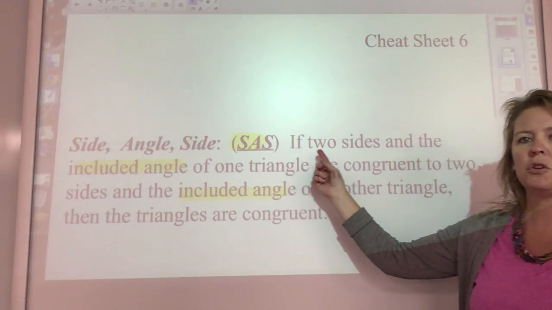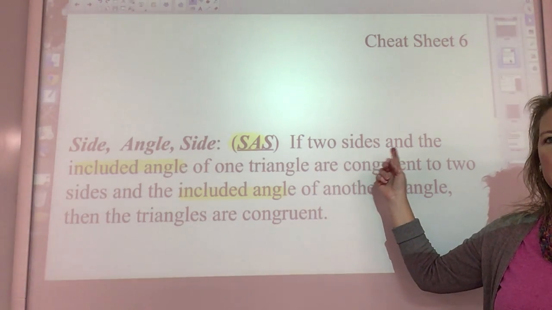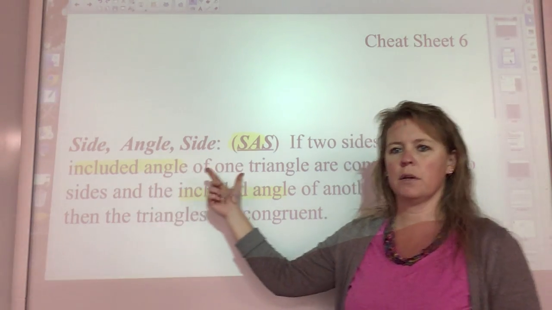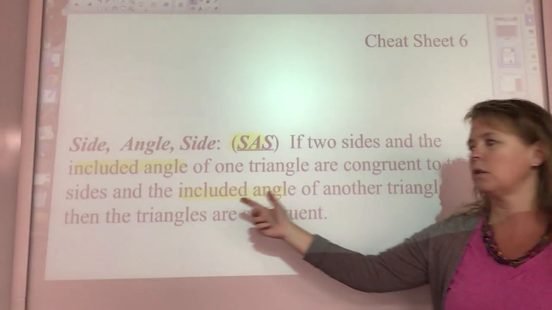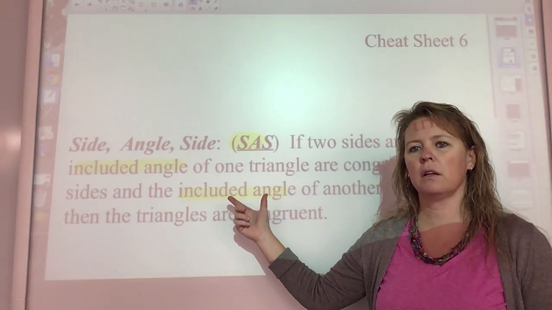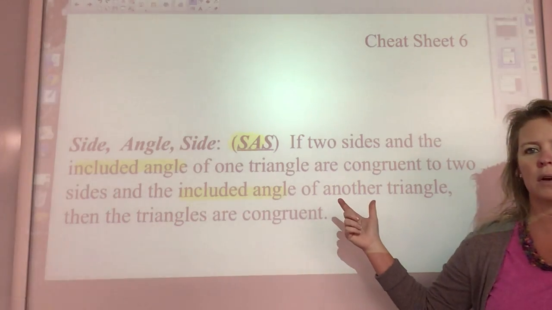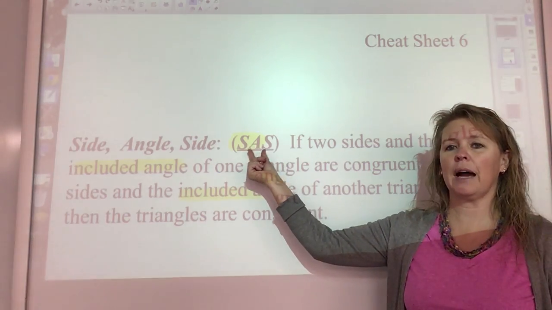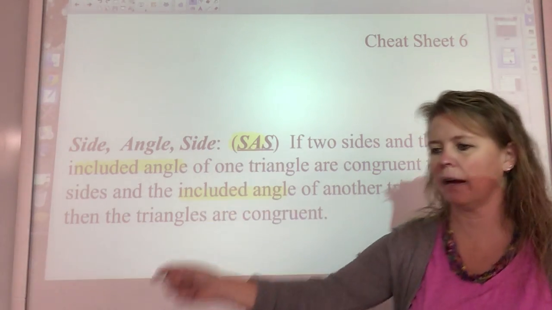It says if two sides and the included angle of one triangle are congruent to two sides and the included angle of the other triangle, then the triangles are congruent. The angle has got to be between the two sides.